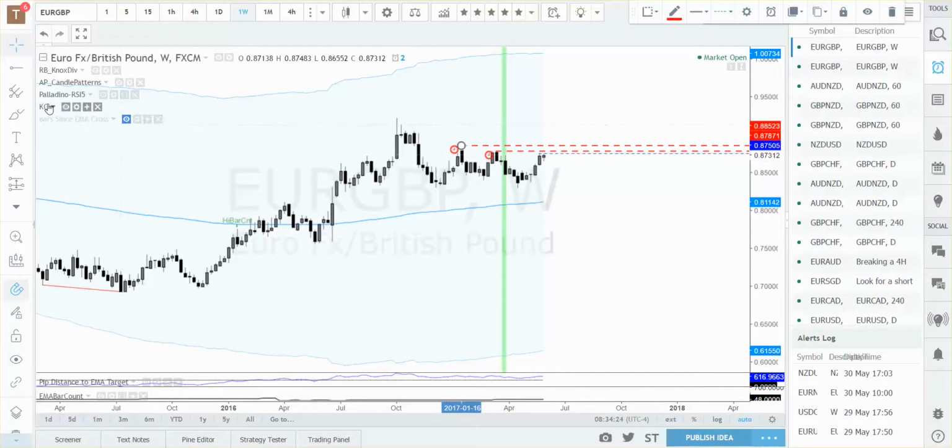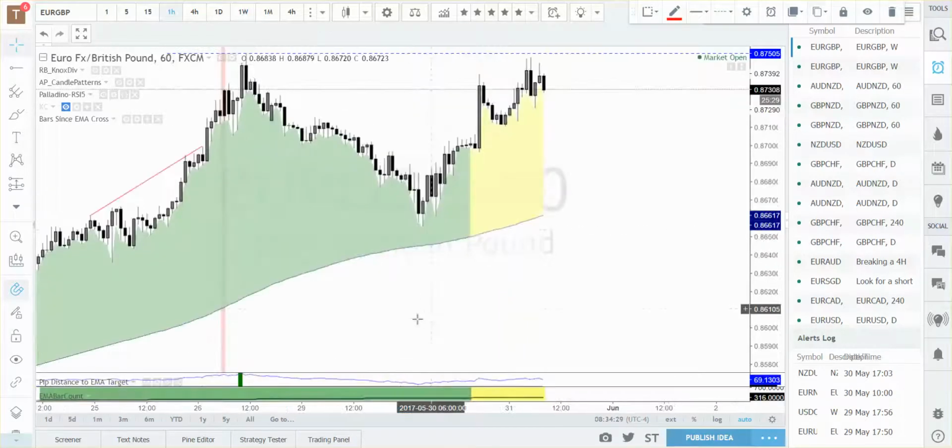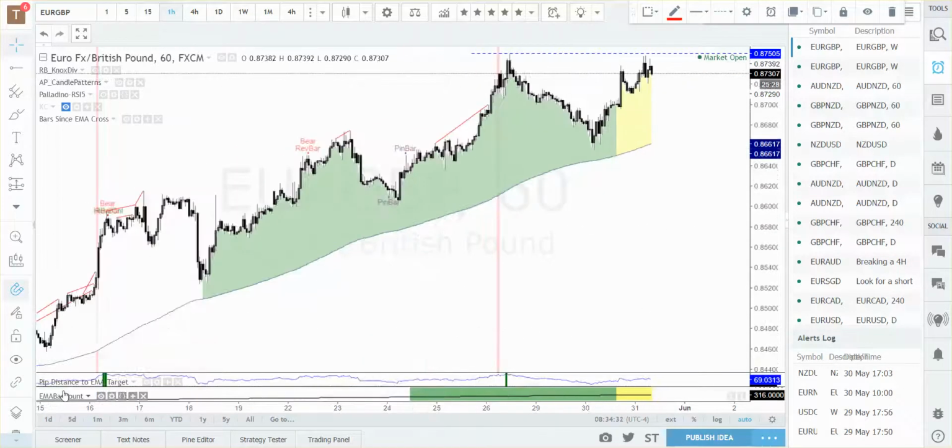And the other indicator that I'll be looking at very closely is the pip distance to the EMA target. So right now we have 69 pips. Historically, it's not really extended.